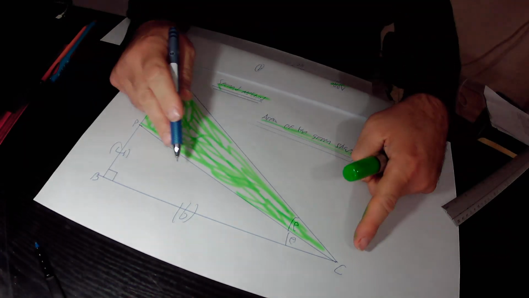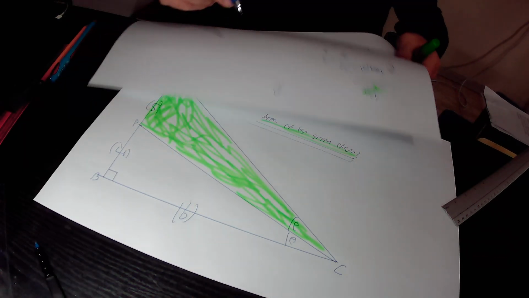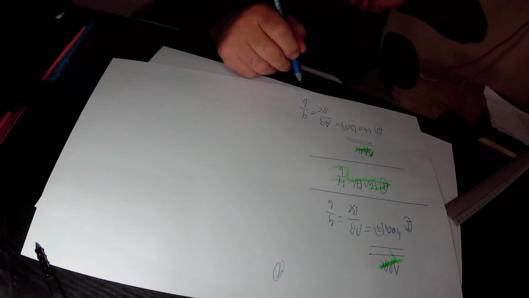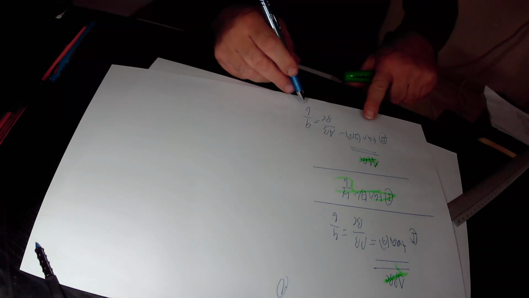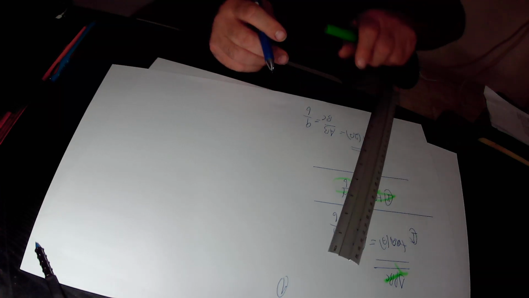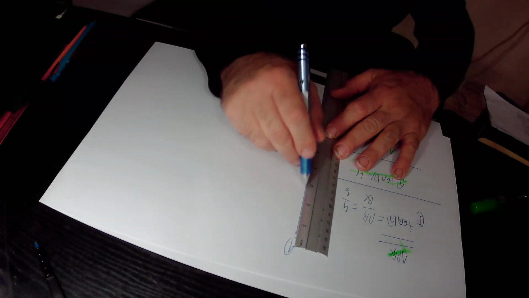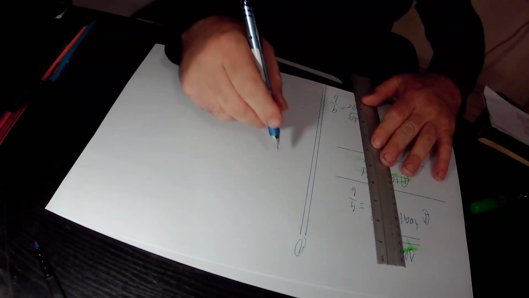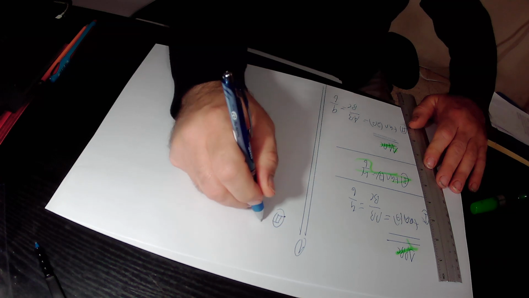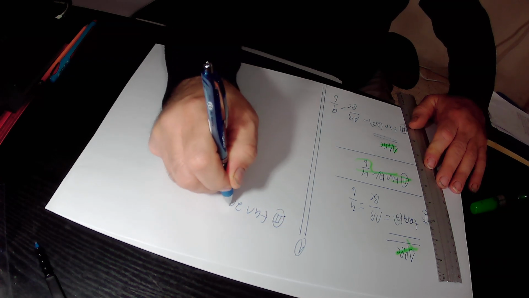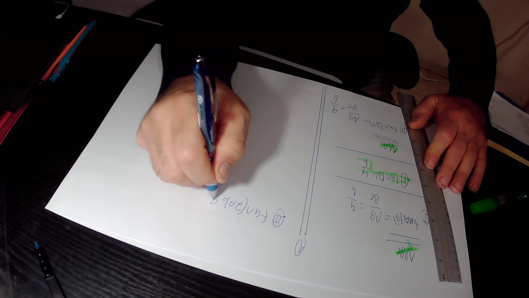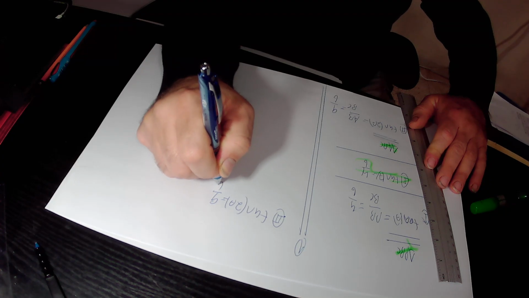BC equals b according to our definition. So in total, according to equation 2, we found out that tangent 2 theta equals 9 over b.